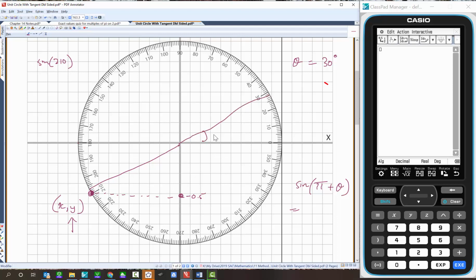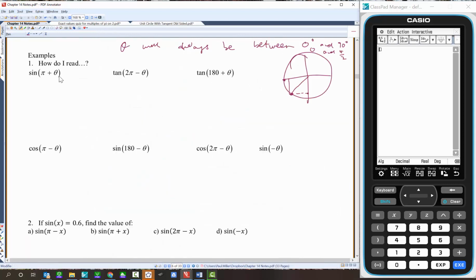In the first quadrant, I write theta up, and I will be able to get this y value here. And if I put a negative out the front of that value, it will then swap down to be this value here. So going back to the notes, what that is basically saying is the sine of pi plus theta is actually equal to negative sine of theta.